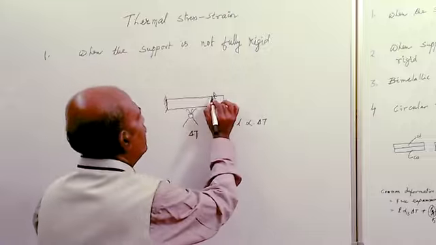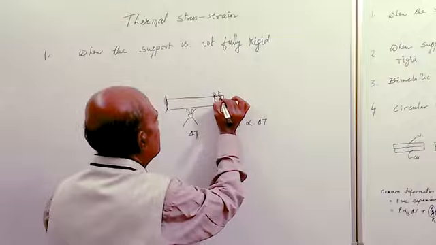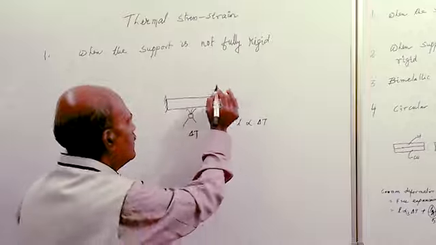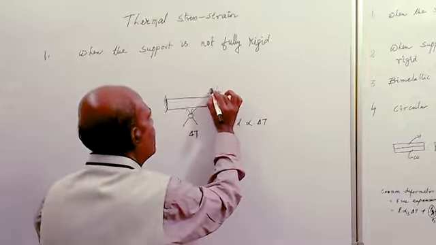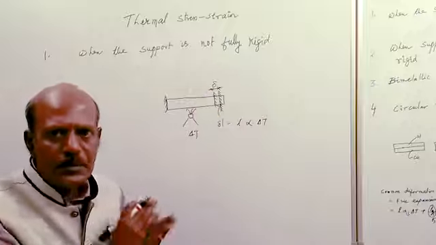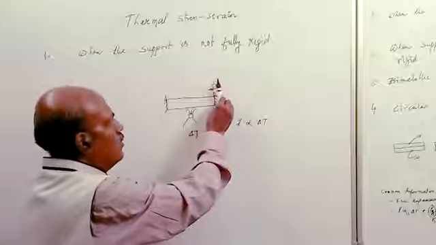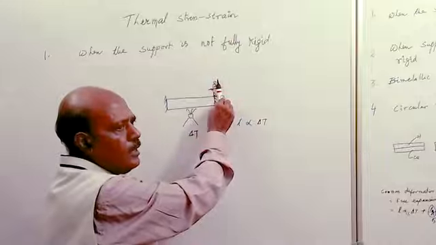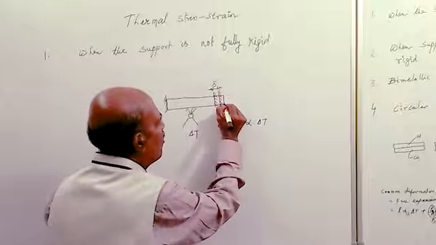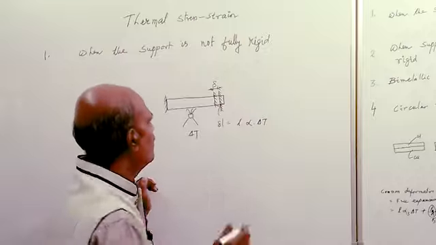But if the support shifts by some amount, say the support is shifted by an amount given by delta, then in other words we can say the support restricts this expansion, or this expansion is compressed by the support.